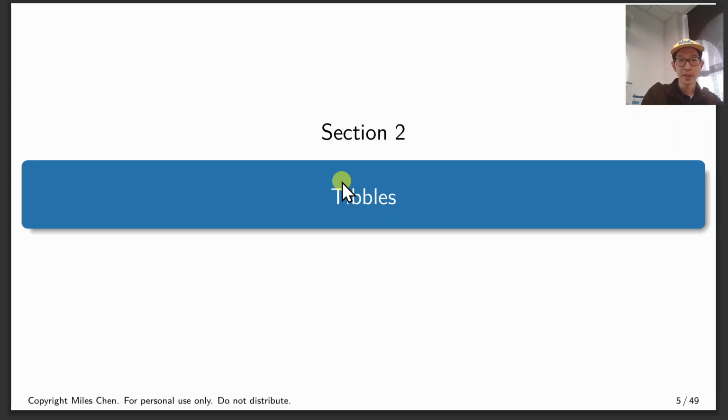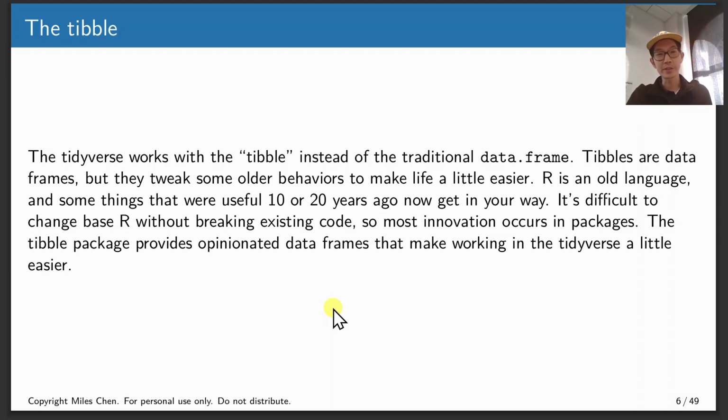The first thing that we should talk about is tibbles. Tibbles are basically data frames, except they have a few nice little features that make them a little bit nicer to work with. R is an old language, and some things that were useful 10 or 20 years ago now get in your way.